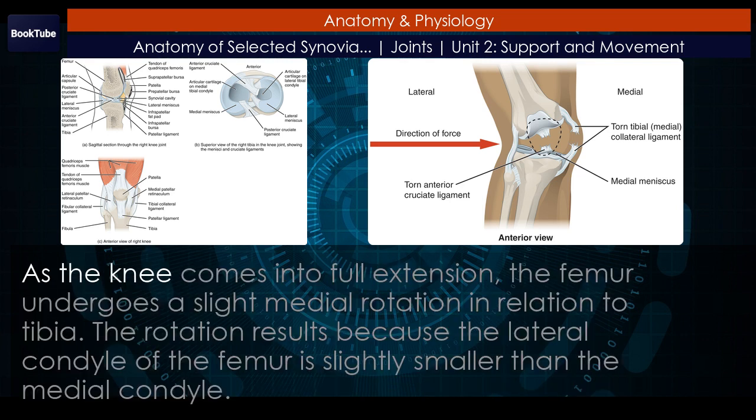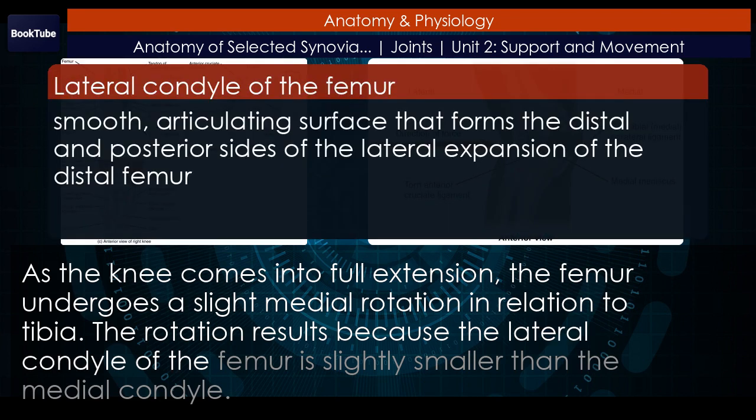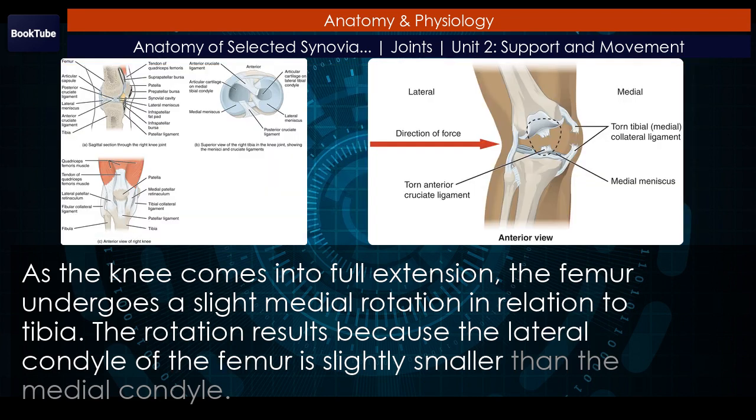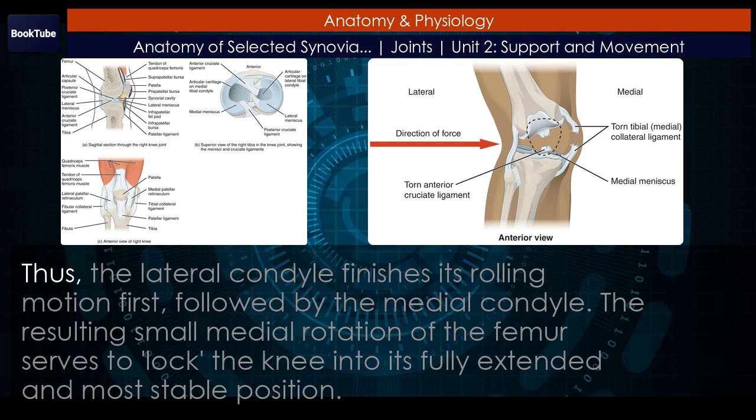As the knee comes into full extension, the femur undergoes a slight medial rotation in relation to the tibia. The rotation results because the lateral condyle of the femur is slightly smaller than the medial condyle. Thus, the lateral condyle finishes its rolling motion first, followed by the medial condyle.